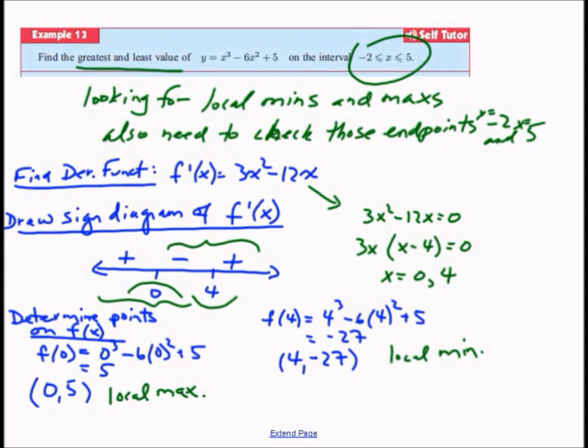Now remember, we're looking at this interval, so we also have to check those endpoints. The last step is to check the endpoints, in case one of those endpoints, or both of them, are higher or lower than the points of our local min and max.